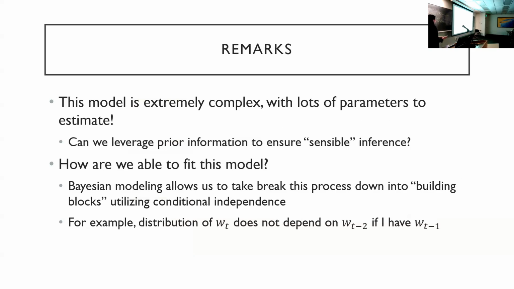But this model, as I coded it up, is extremely complex with lots of parameters to estimate. Good thing we have lots of data. The more data you have, the better you can estimate parameters. But we try and do our best to make our models a little bit more parsimonious, or restrict our model a little bit to have sensible inference.